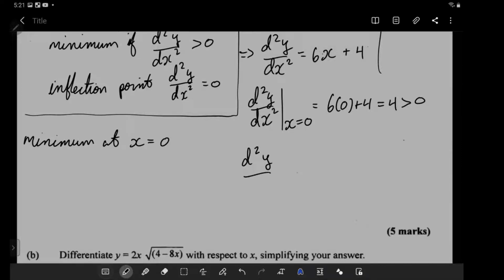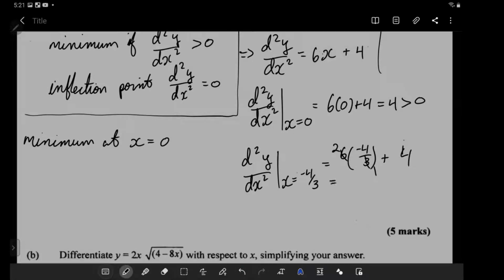And we could get the other one, d2y dx squared evaluated at x equal negative 4 thirds. So what would that be? So we have 6 times negative 4 over 3 plus 4, right? So we have 3 into 3, 1, 3 into 6 is 2.